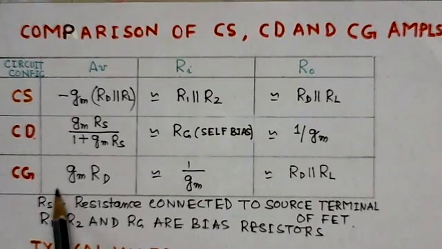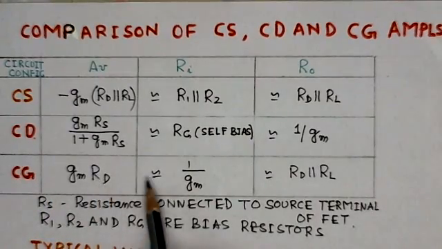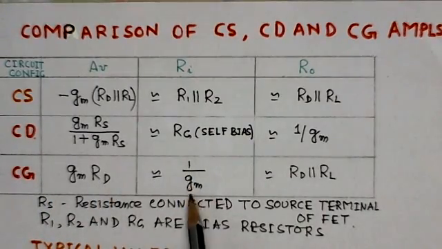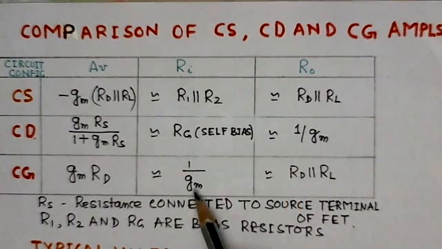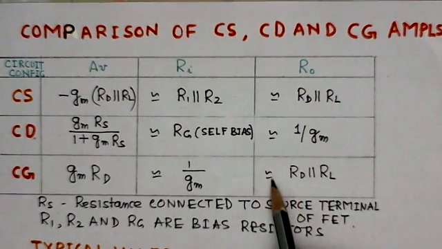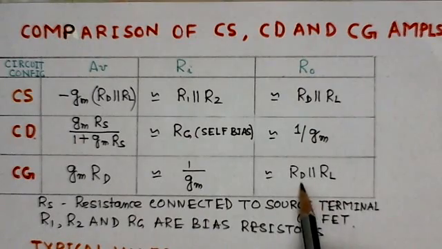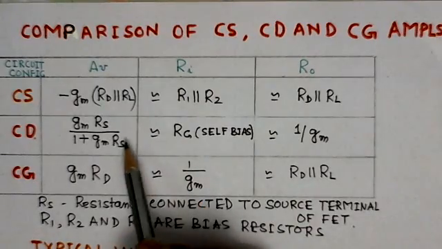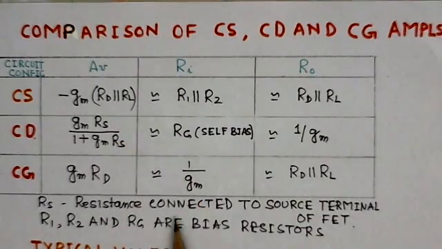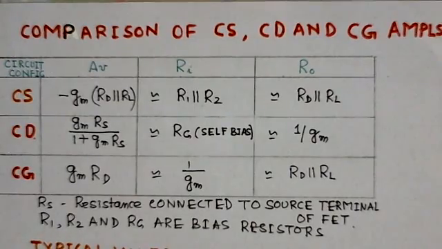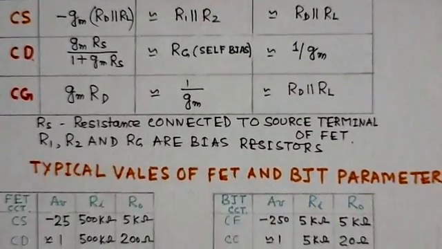For the common gate amplifier, the gain is GM RD, RI is 1 over GM, a small value of input resistance, and R0 is RD in parallel with RL. Here a resistance is connected to the source terminal; this resistance is not the source resistance, but a resistance connected to the source terminal. R1, R2 and RG are the bias resistors.